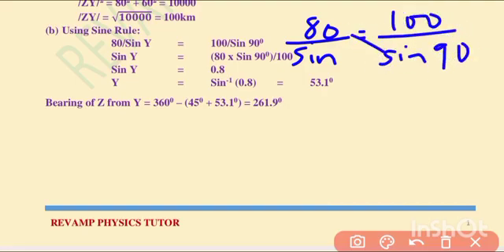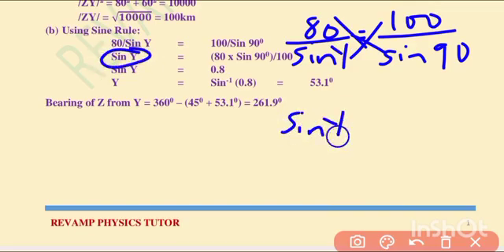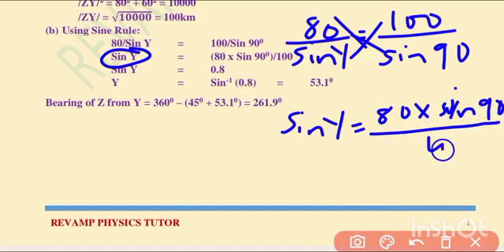So if you cross multiply, you can make sine y the subject of the formula, and that is what we did here. Our sine y becomes 80 multiplied by sine 90 divided by 100, and that is what is here.